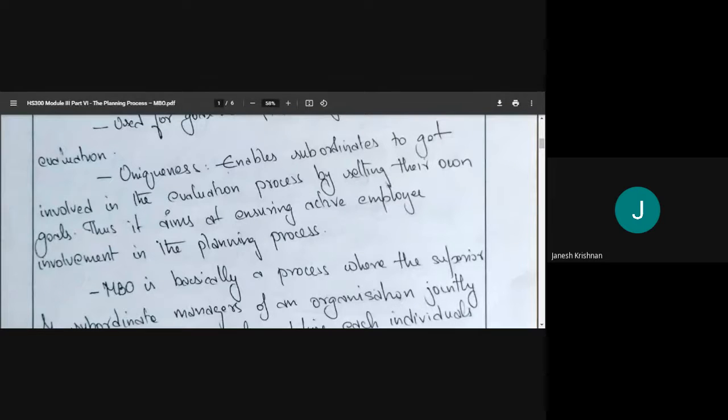It enables the subordinates to get involved in the evaluation process. Subordinates are those who are under the manager. If we take the manager as the highest authority, subordinates are those who come under the manager. But a manager may also be a subordinate to someone else. We have top level, middle level, and low level management. Low level will be subordinate to middle level, and middle and low level will be subordinate to top level.